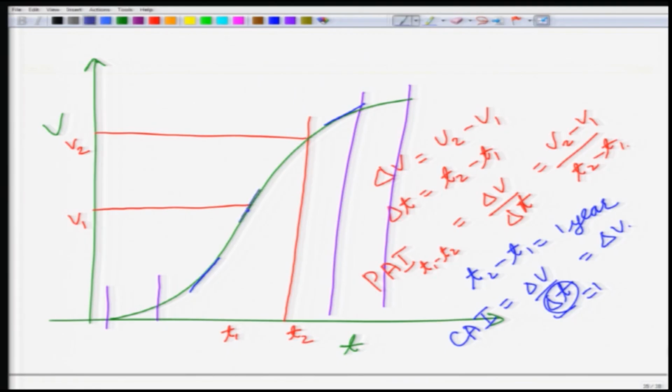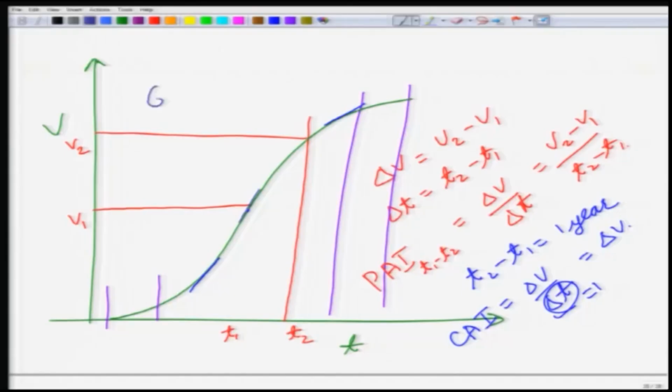So, the CAI is the slope of the curve. Now, if we represent the growing stock curve with V as y, so we said that the growing stock is y, which is a function of t, then CAI is equal to y prime t, or the differential of the growing stock curve with respect to time.